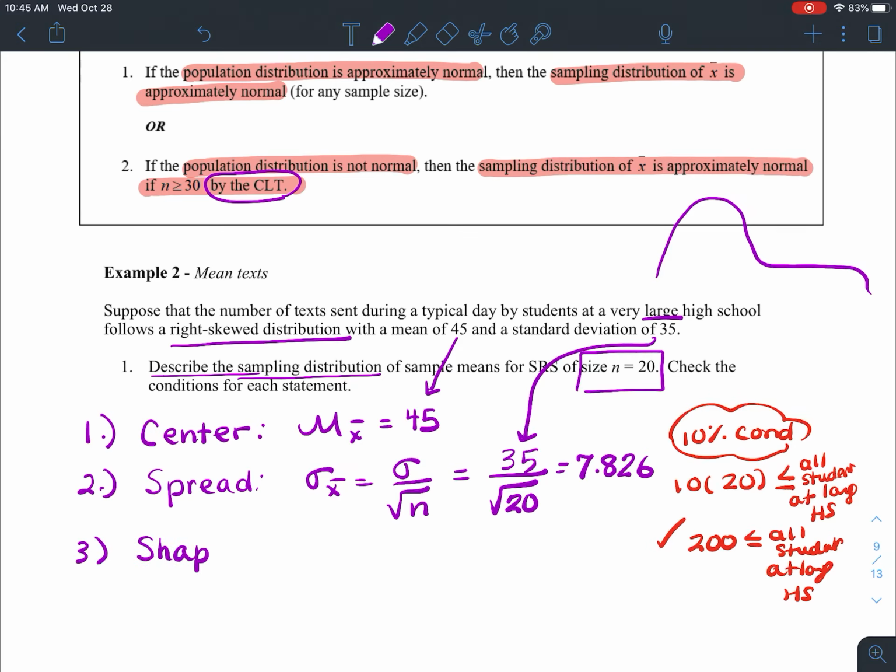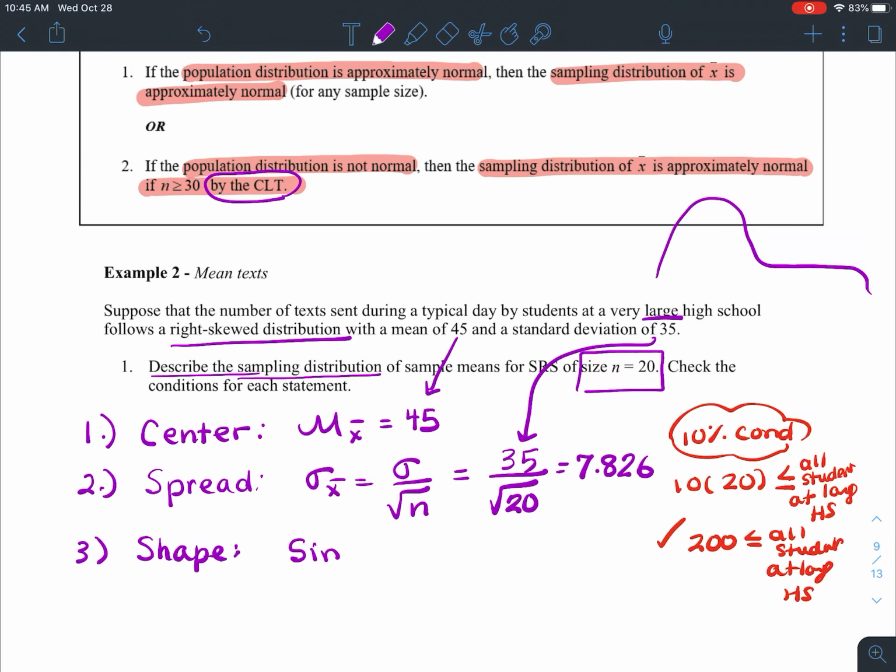Okay, now shape here, I know that the shape of the population distribution is not normal, so I can't conclude normality because of that. But if my sample size is 30 or greater, I could conclude normality.